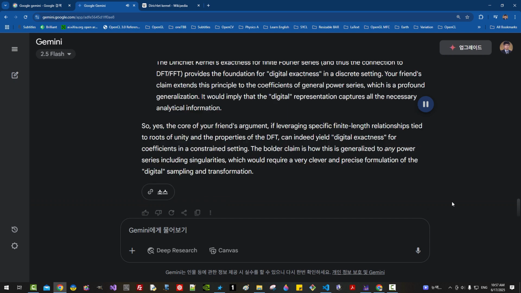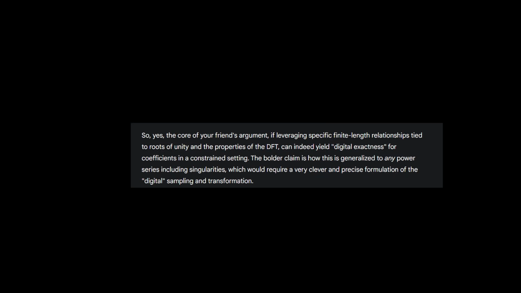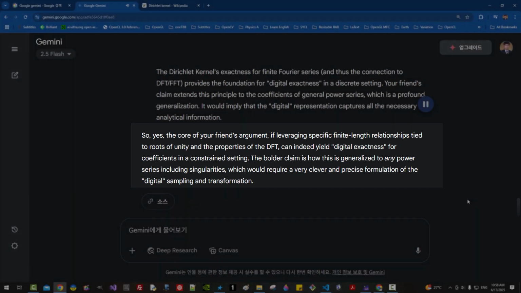So, yes, the core of your friend's argument, if leveraging specific finite length relationships tied to roots of unity and the properties of the DFT, can indeed yield digital exactness for coefficients in a constrained setting. The bolder claim is how this is generalized to any power series including singularities, which would require a very clever and precise formulation of the digital sampling and transformation.